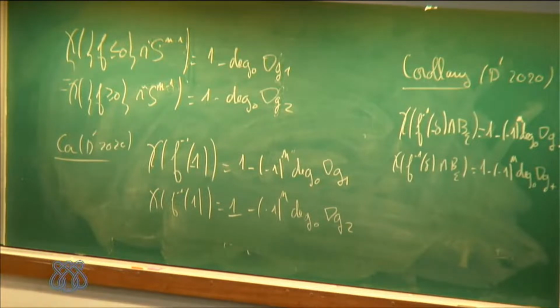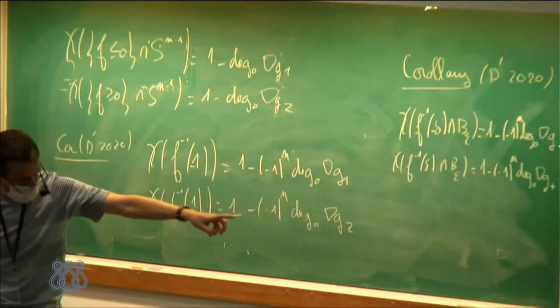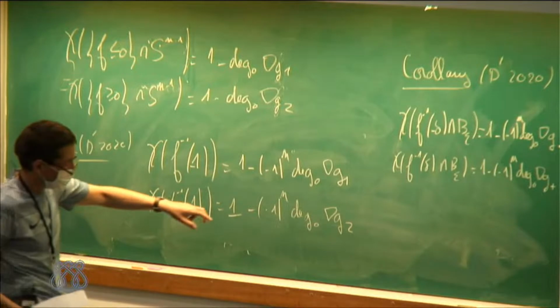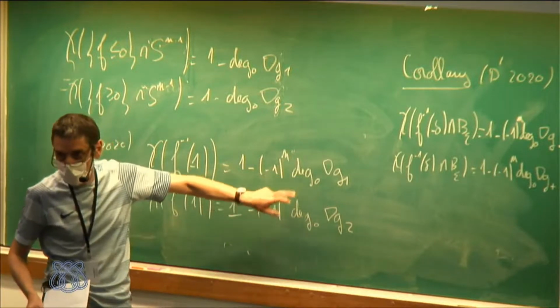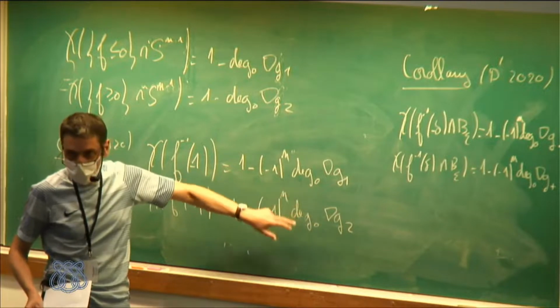Okay. So in this situation, since the critical points are algebraically isolated, we can use the Eisenbud-Levine formula to compute these two degrees.